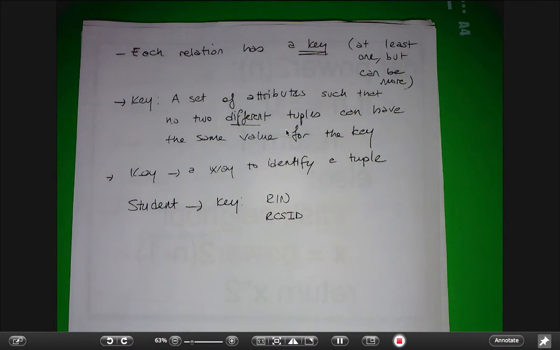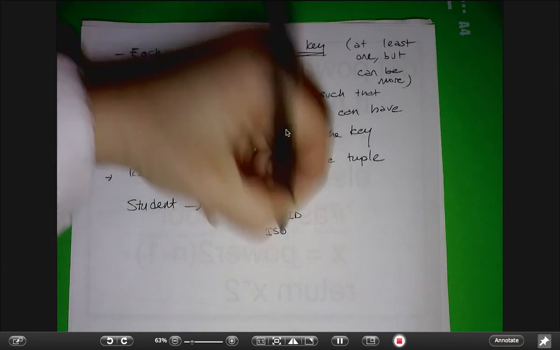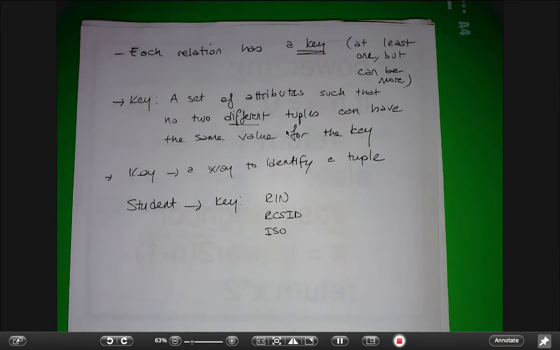ISO. Oh yeah? You mean like to identify you here on there. Is there anything else? Yes? Oh my God, how many ideas do you all have?